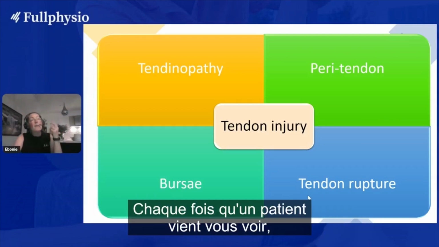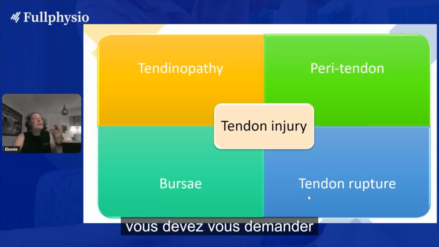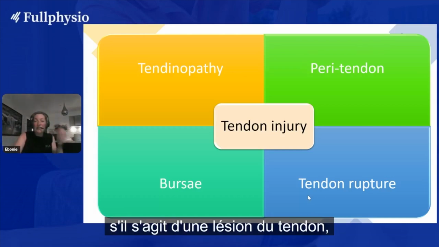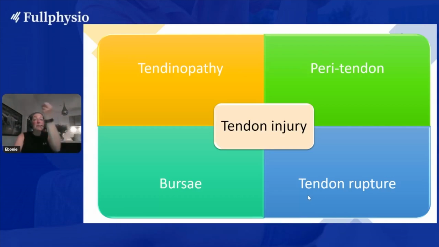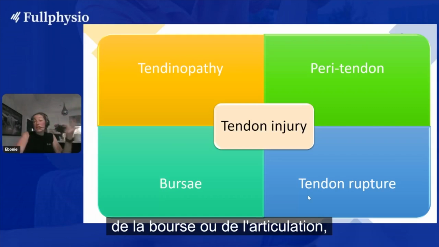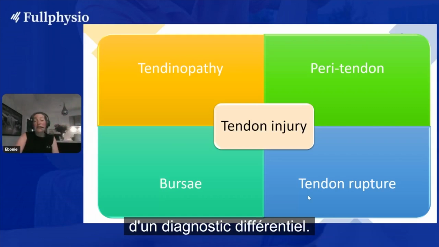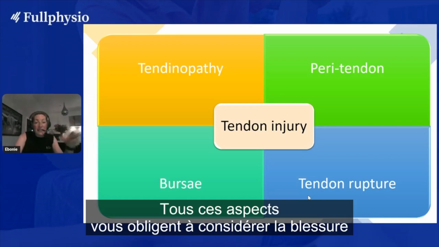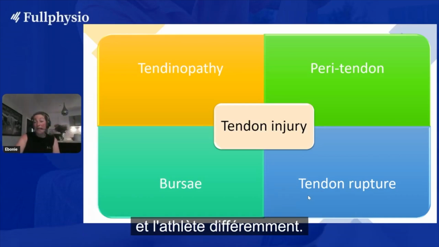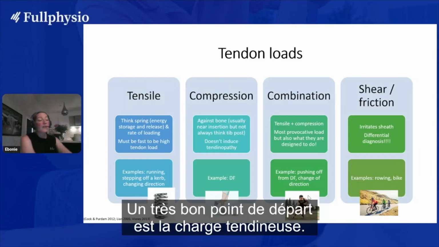So every time someone comes to you, you need to be thinking, is this tendon injury? Is it tendinopathy? Is it peritendon? Is it rupture? Is it bursa? Or is it the joint? Is it a differential diagnosis? Because all of those things actually require you to think about the injury and your athlete differently. So I think a really good place to start is tendon load.